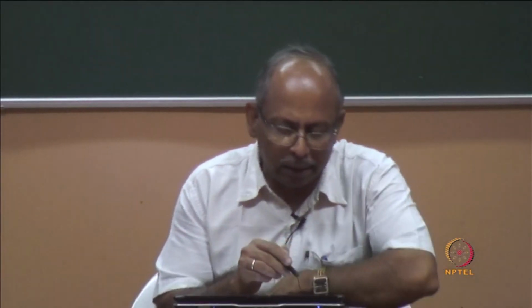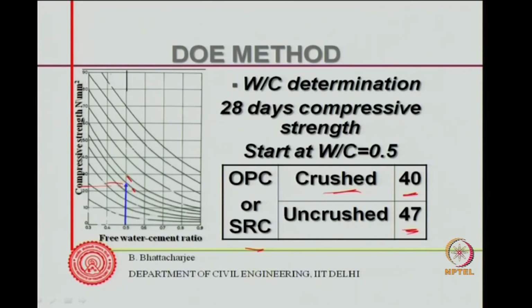So you have got, let us say, with 0.5 water cement ratio, the strength somewhere here, which is about 25. But you want to get around 32 strength. So this helps you in identifying the curve. A trial test at 0.5 water cement ratio helps you identify the curve which you should be using. Otherwise, there are too many curves, and you don't know which curve to use.